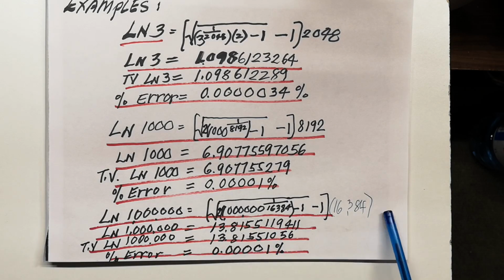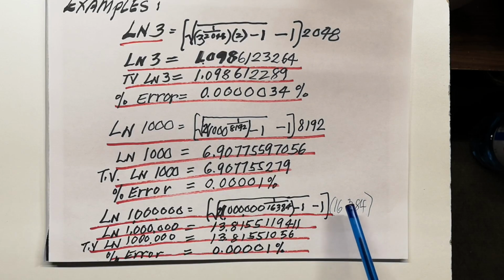And using this number 16,384, you raise that to the 1 over 16,384 power. And this means if you use this number, you have to press the square root key 14 times. And this is the value, and this is the true value, and the percent error is the same as this one, 0.00001%.